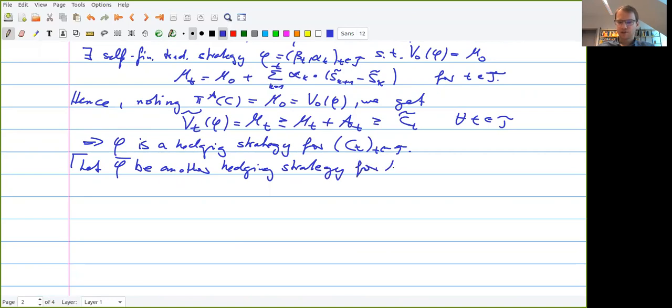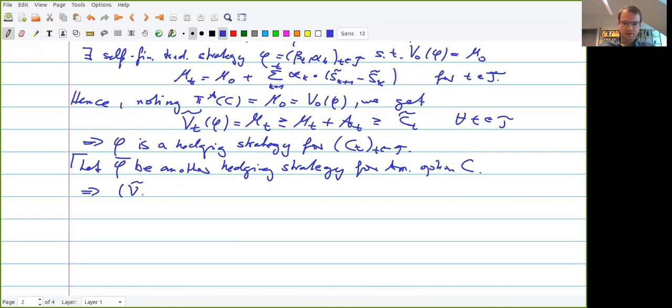For our American option. Okay. So if we have a hedging strategy, this is a self-financing trading strategy.